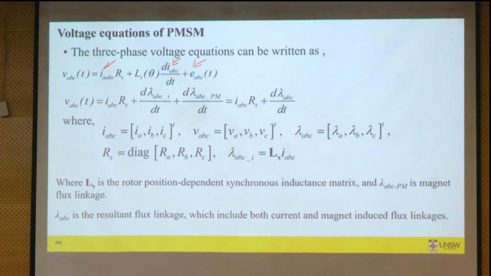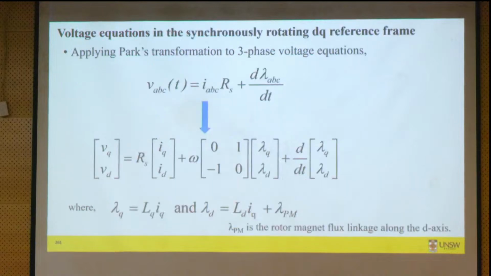But at the end, when all is done, this equation transforms to the DQ voltage equation that we have seen in the previous slide. And if we write it in terms of matrix, here is your DQ model: two equations in matrix form.